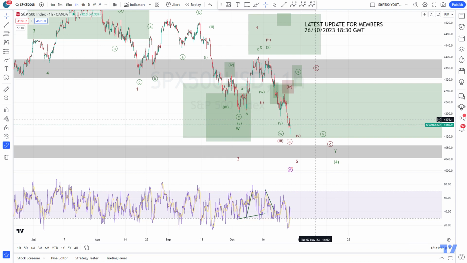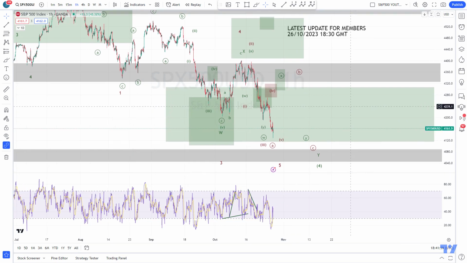Now in the 1 hour, I cannot really add much. I would say we have our 5 waves right here. In the 1 hour we are not ending with divergence, but I think we can see this here in the 1 hour as a separate cycle.